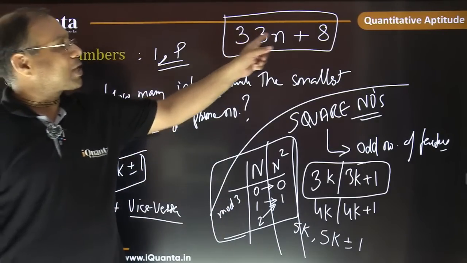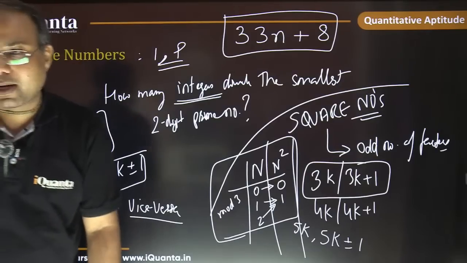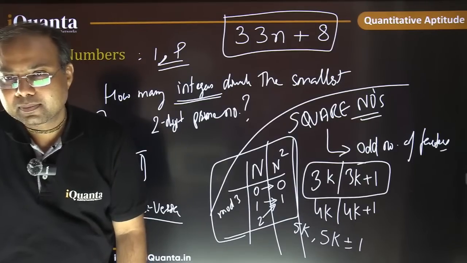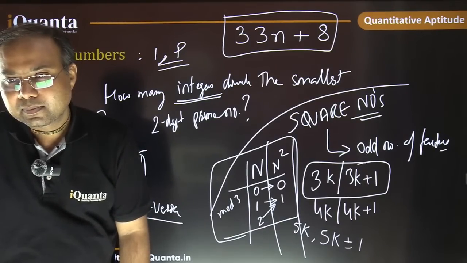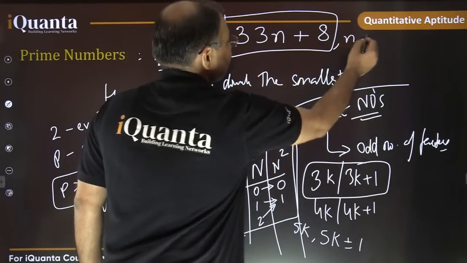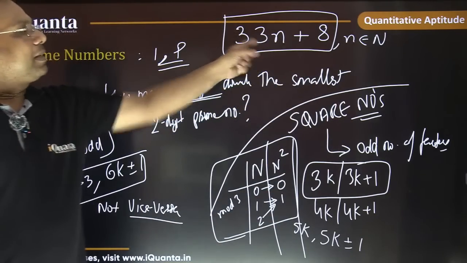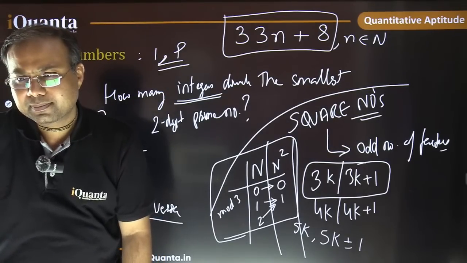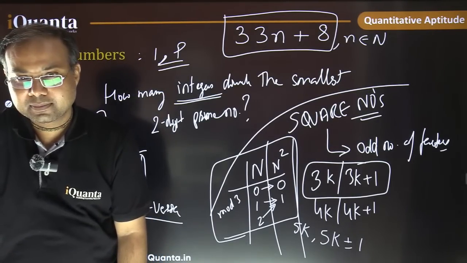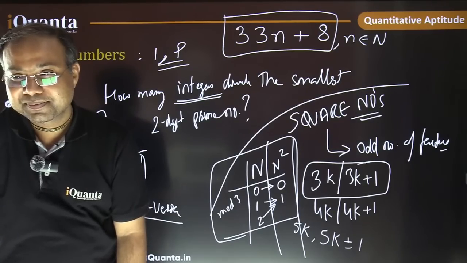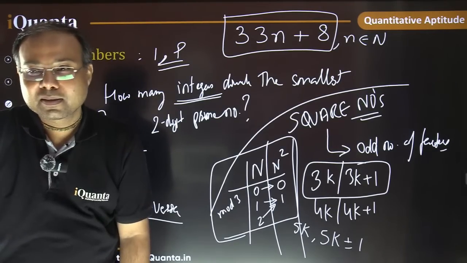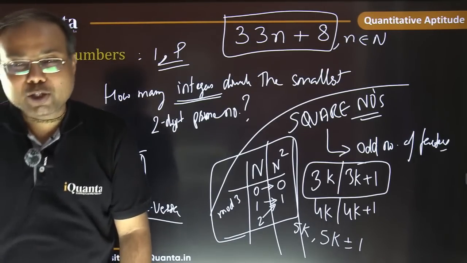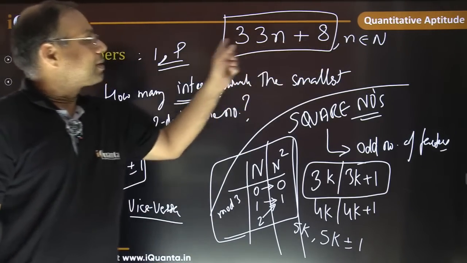For what smallest natural number n this number becomes a square number? N is a natural number here. Question is, for what smallest value of n this number will be a perfect square? Please answer fast.